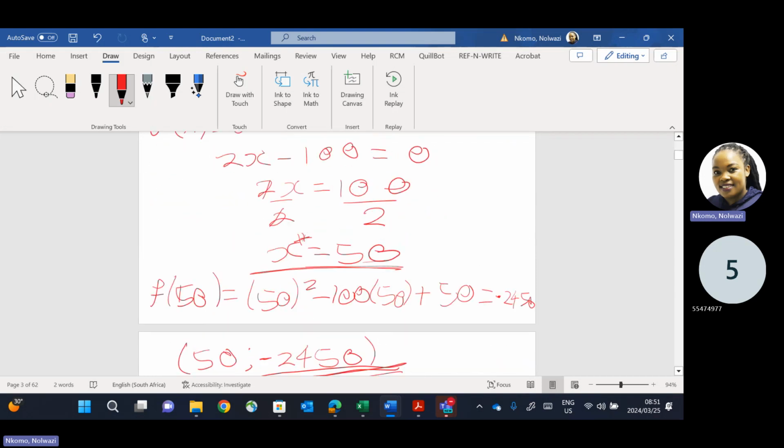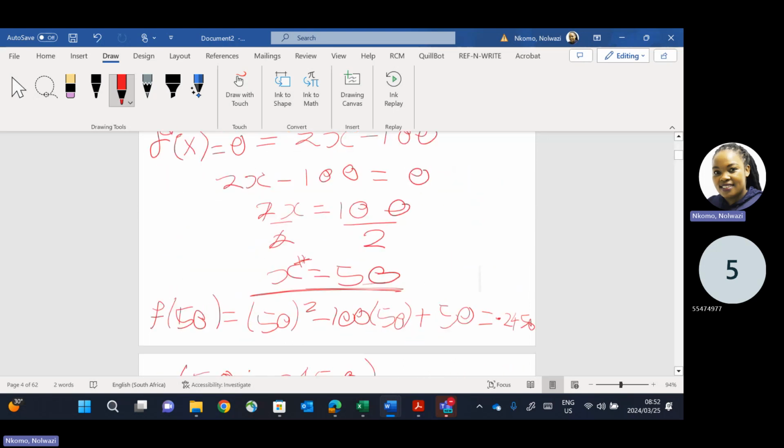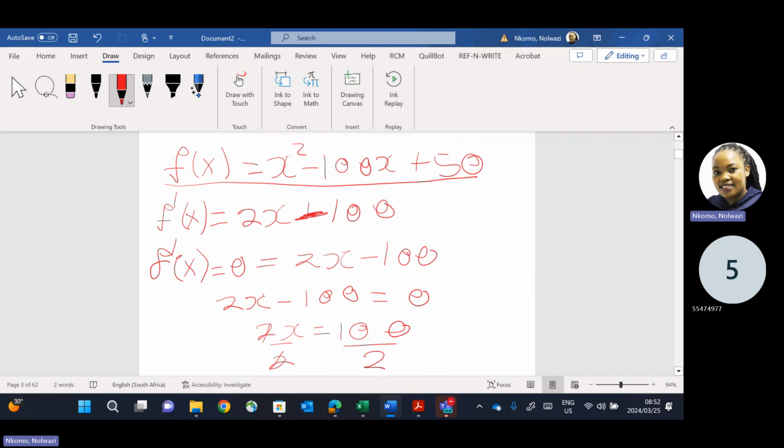Remember I said if the second order derivative is less than 0, then that point is a maximum point. If it's greater than 0, then that point is the minimum point. But how do we find the second order derivative? Remember, to get the second order derivative, we need to differentiate the first order, and we do have the first order derivative.